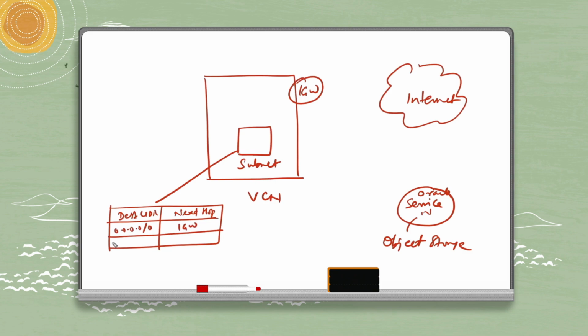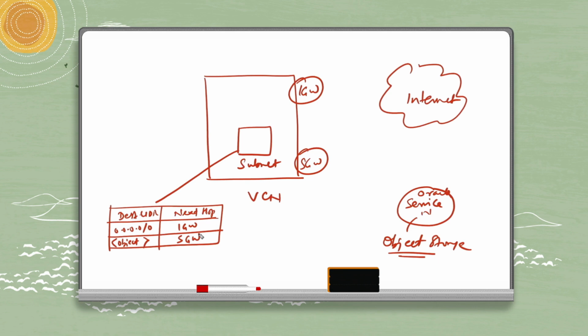And here, because this is also a public service, Oracle Services Network, the object storage service will have its own range of IP addresses. Let's say it is mentioned over here, right? In this case, we want to have service gateway as the next hop.